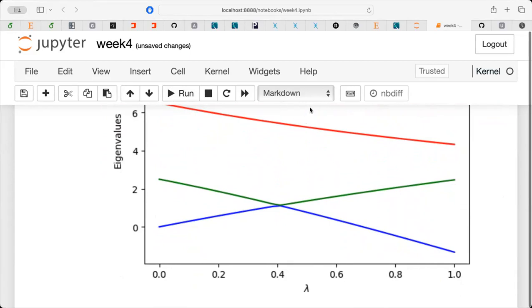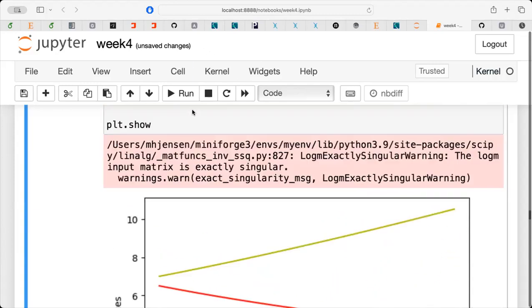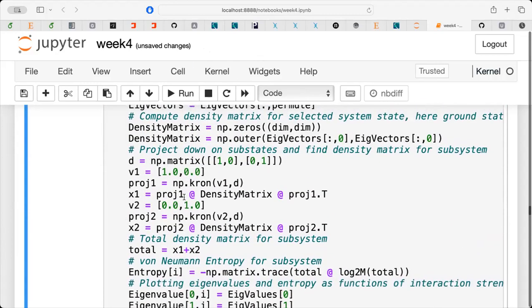There's a question here. The at sign here means matrix multiplication. So in Python, you can write this as a dot, or you can write it in terms of the at symbol. And this is a new way of defining a matrix times a matrix.